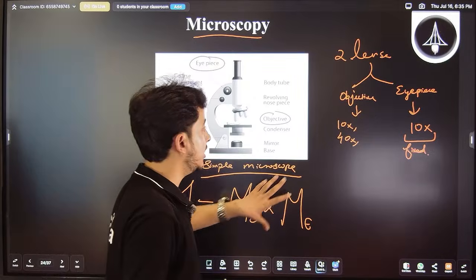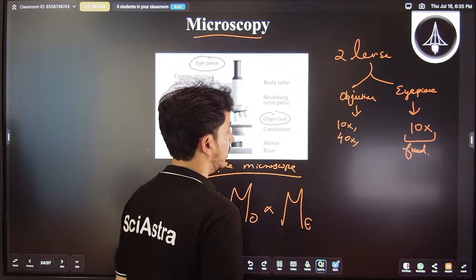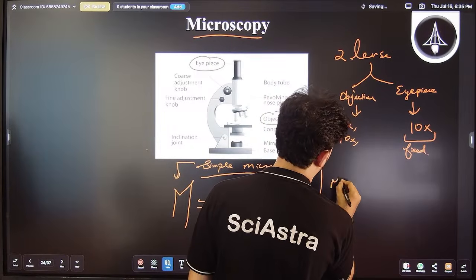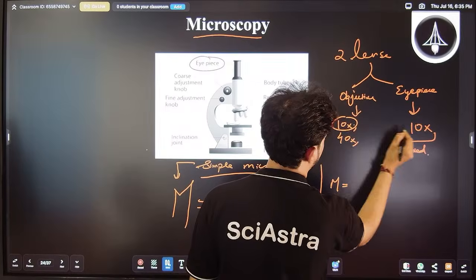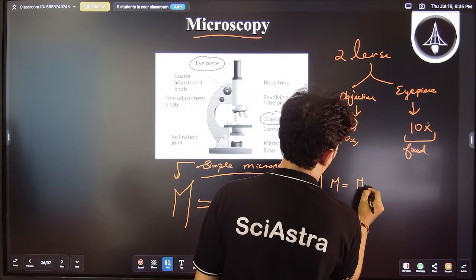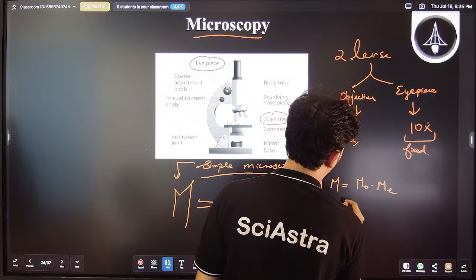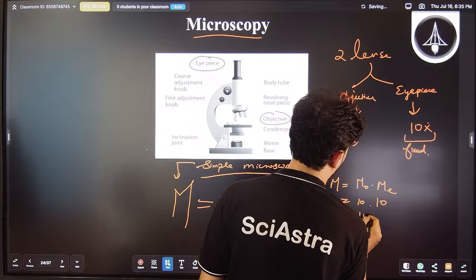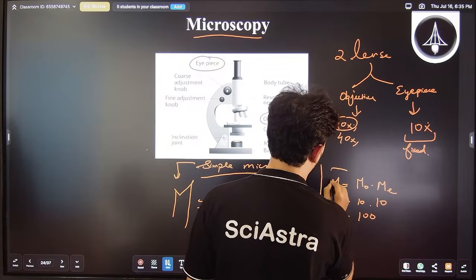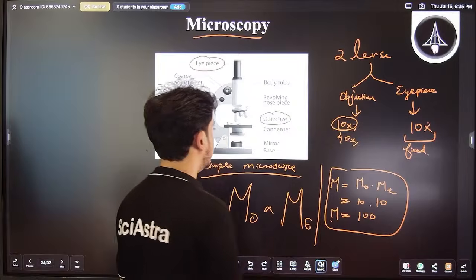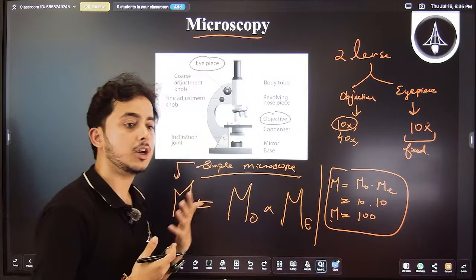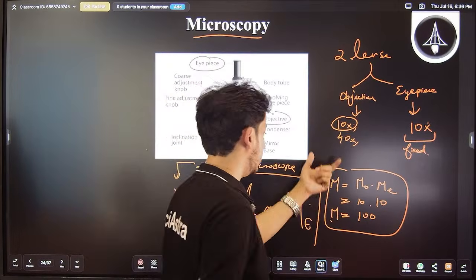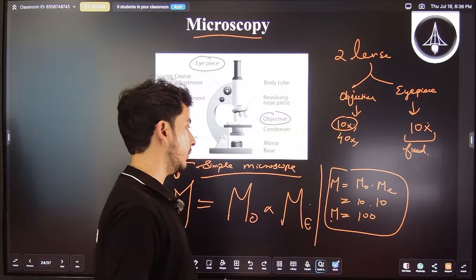Let's say M, in this case, if this is 10x, this is 10x, it will be MO into ME, it will be 10 into 10, that will come out to be 100. So this will be the magnification of this microscope, that you can magnify something 100 times, correct. That is how you understand the term magnification.